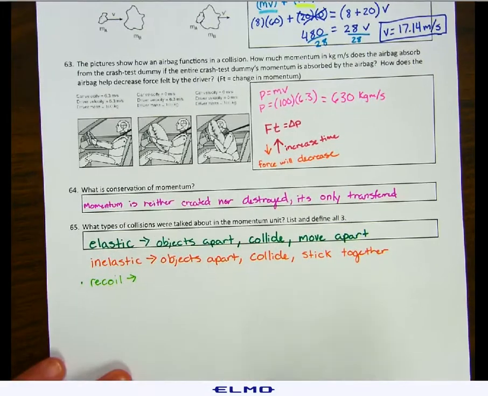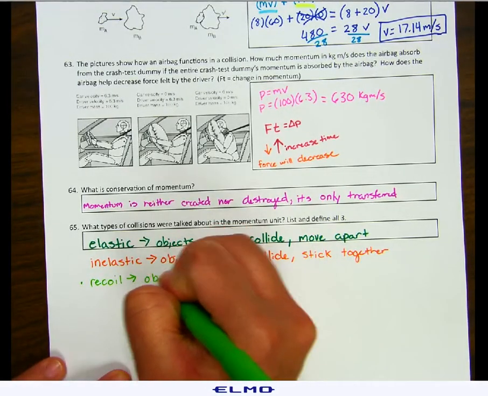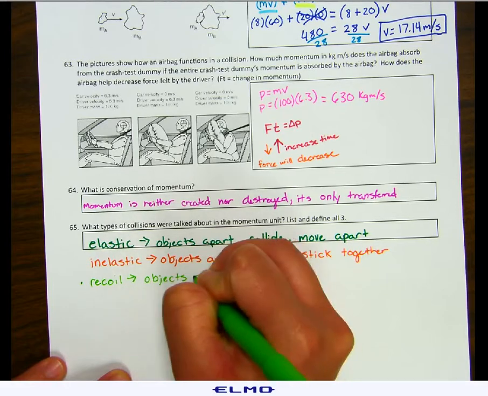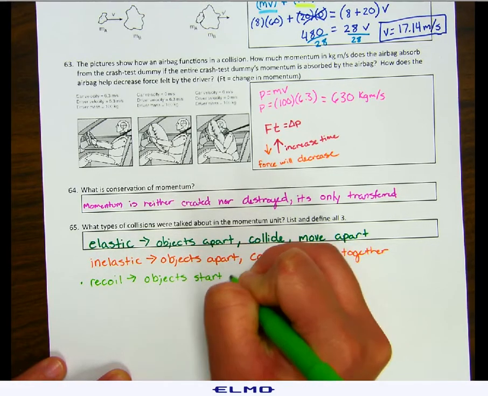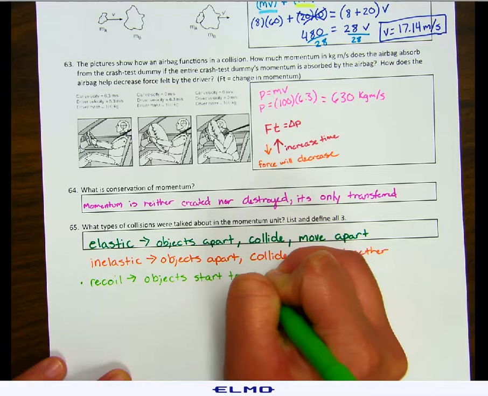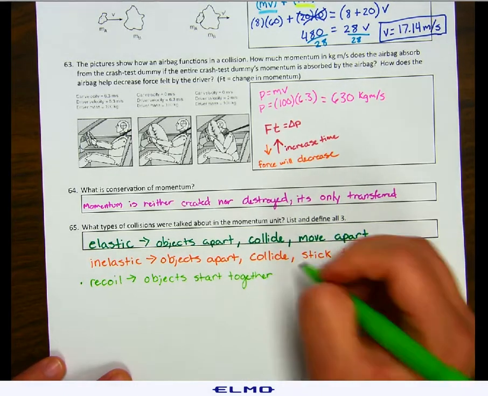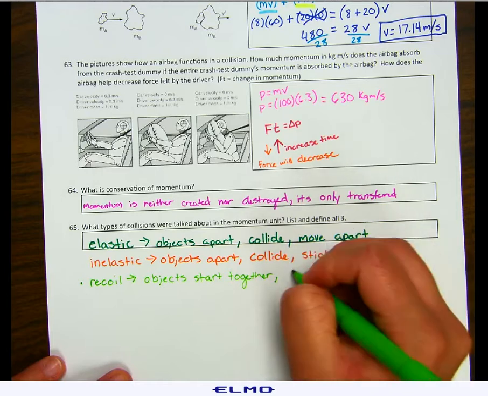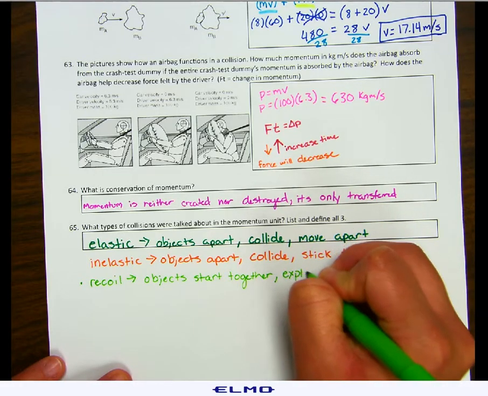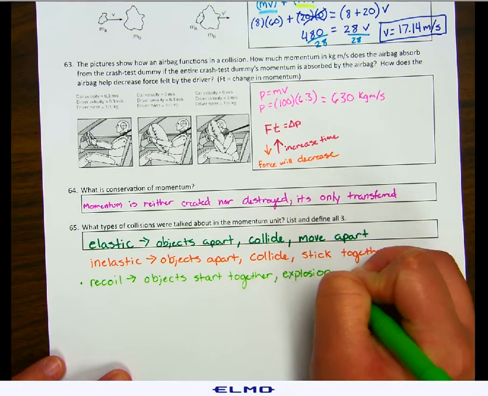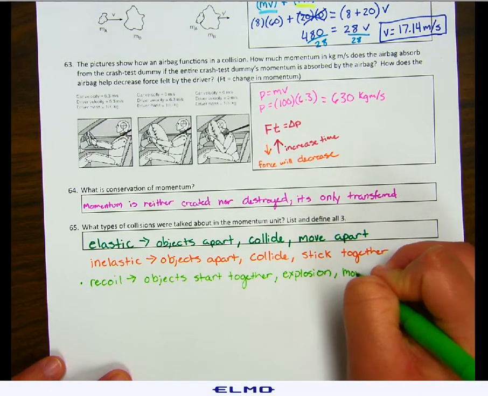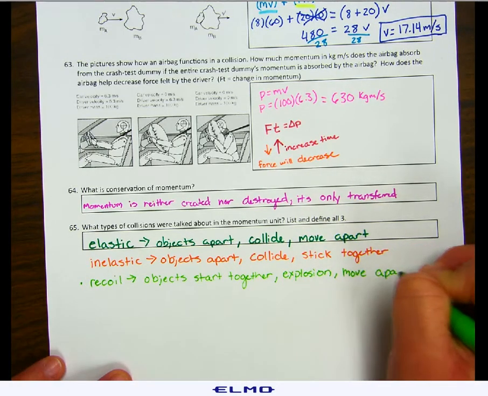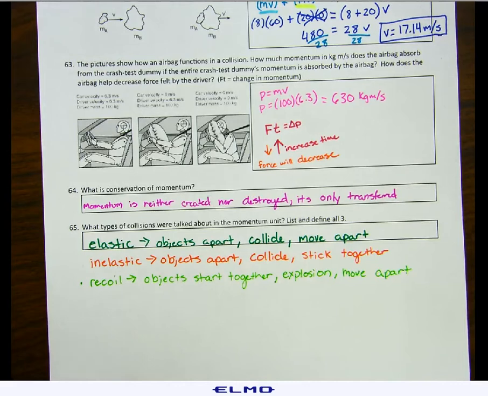In recoil, objects start together. Then, because of combustion or an explosion, we'll call it explosion, they move apart from each other. So that's kind of like a gun with its recoil from the bullet.